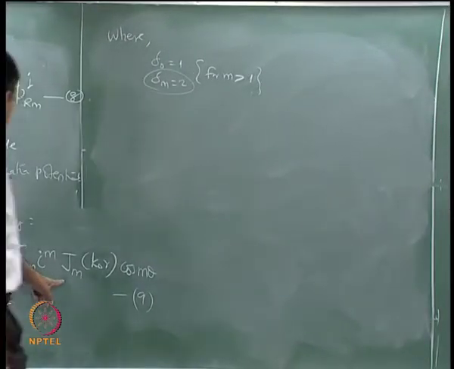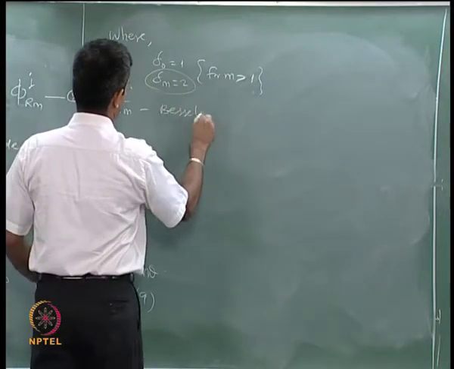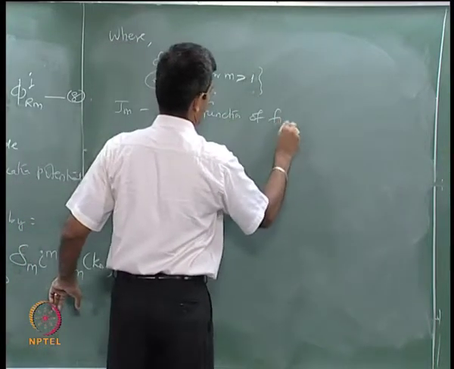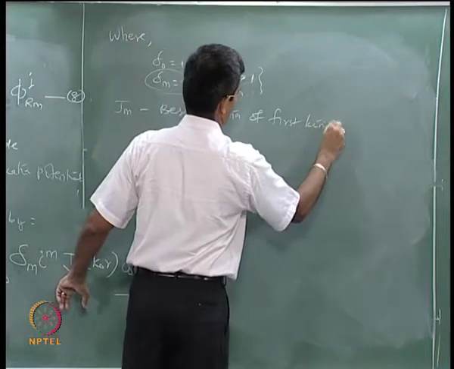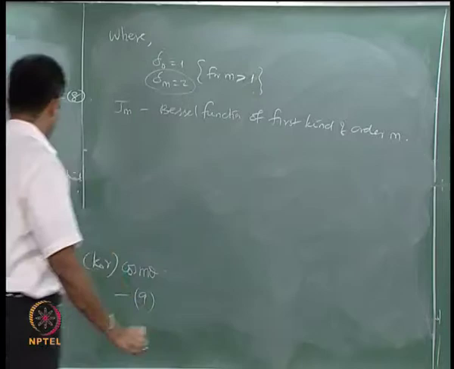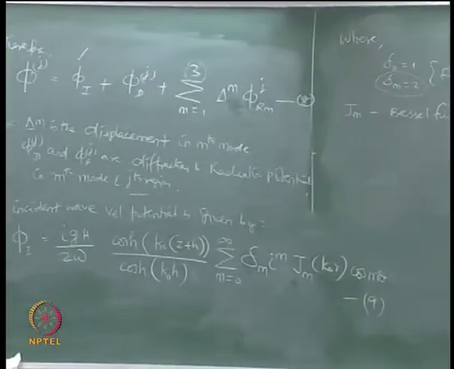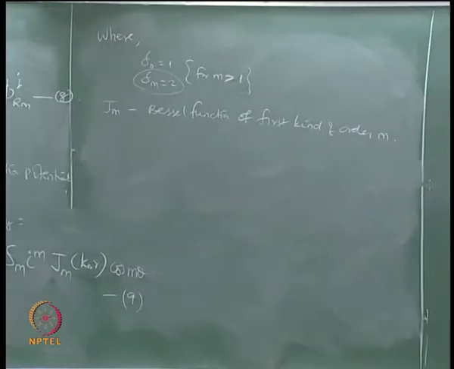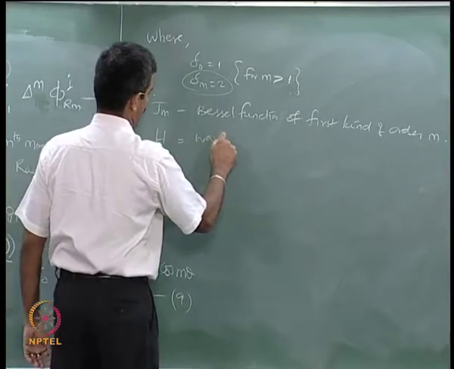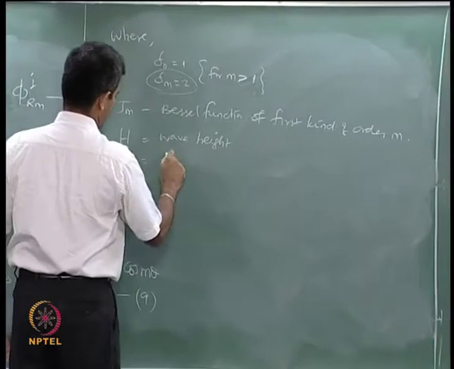Jm is a Bessel function of first kind of order m. H is the wave height, of course, and K naught is the incident wave number.